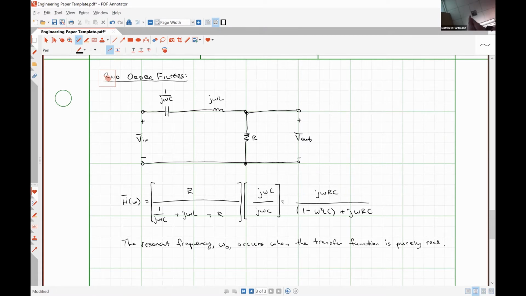So we're looking for a specific frequency at which our transfer function will be purely real.